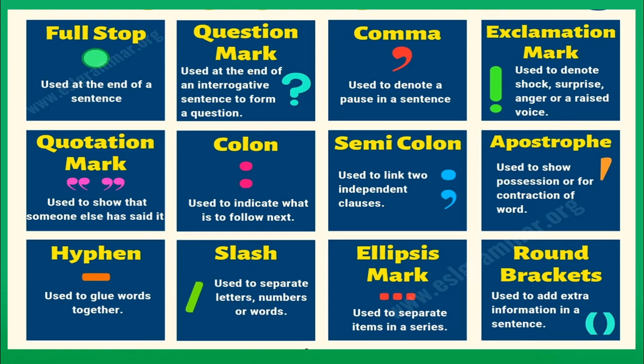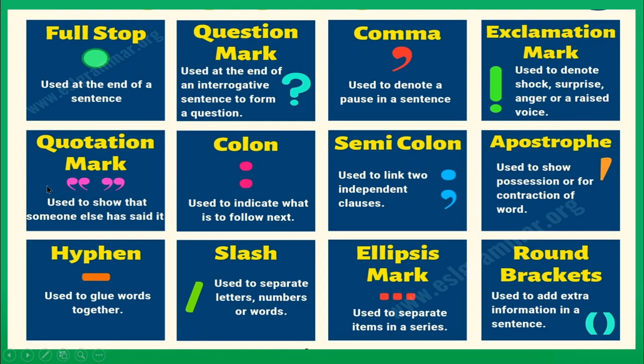So we can summarize our lesson like this. Full stop is used at the end of a sentence. Question mark is used at the end of an interrogative sentence to form a question. Comma is used to denote a pause in a sentence. Exclamation mark is used to denote shock, surprise, anger, or raised voice.